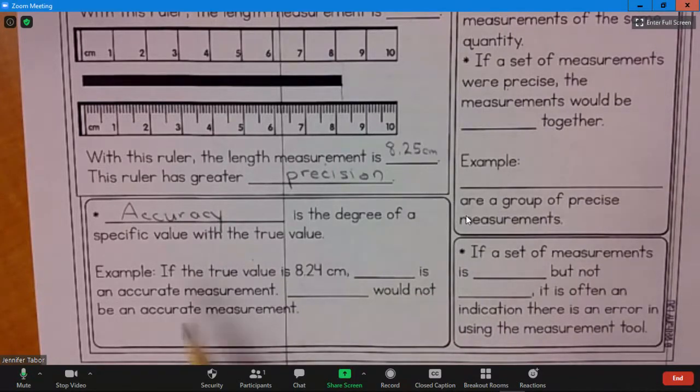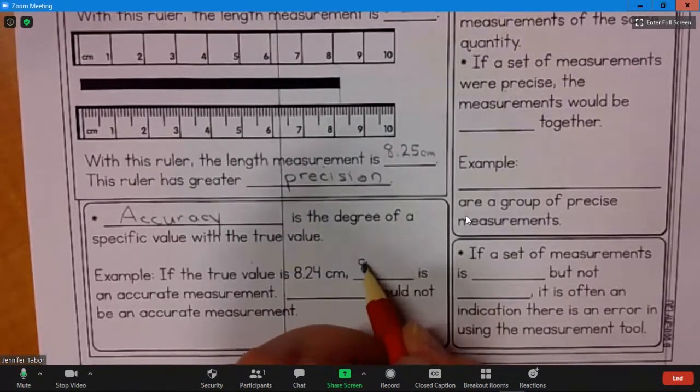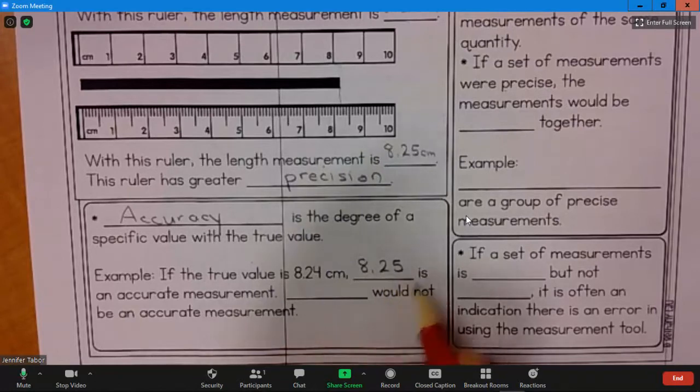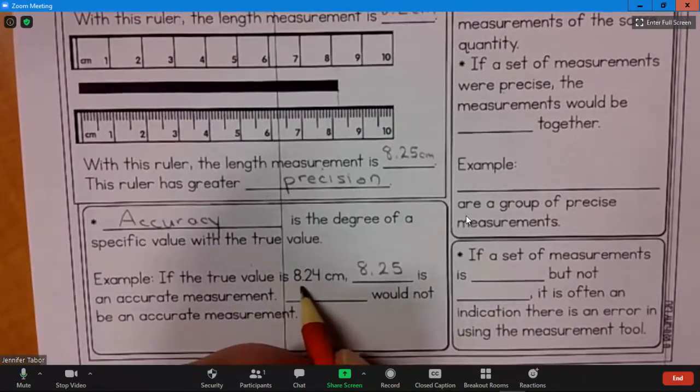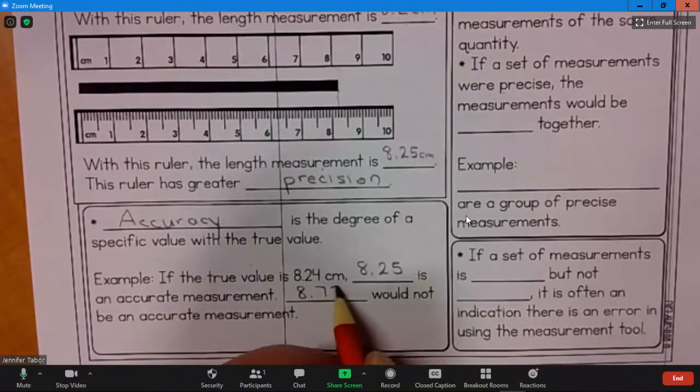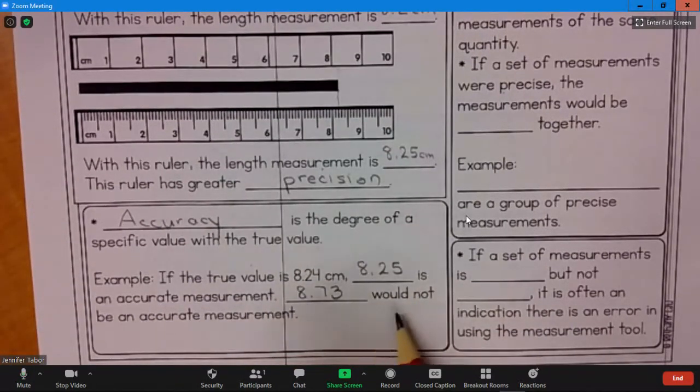So for example, if the true value for this measurement is 8.24, then 8.25, which was what we got, is accurate. It's very close to the true value. If we said 8.73, though, that's not accurate. It's not very close at all, right? It's quite far from the true value. But the 8.25 is accurate because it's close to the actual value.